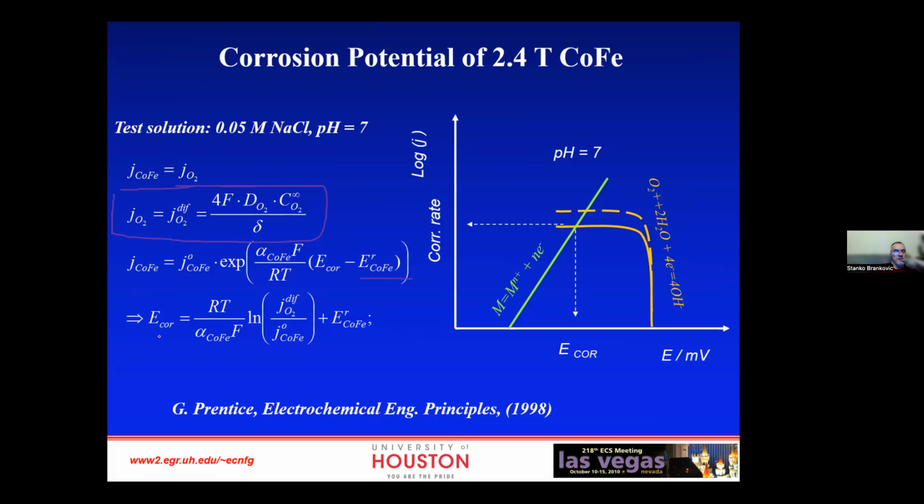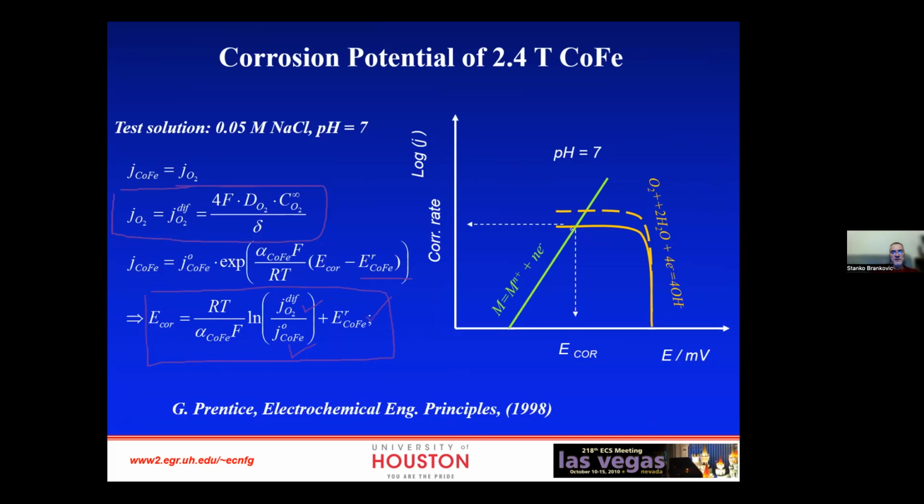And so if you play with these two, you can end up basically getting the value of corrosion potential for these alloys as a function of the diffusion limited current for oxygen reduction, exchange current density for cobalt iron dissolution, and reversible or equilibrium potential for cobalt iron alloy. That's just the corrosion science. I don't want to really go into this, but so you understand where this equation comes from.